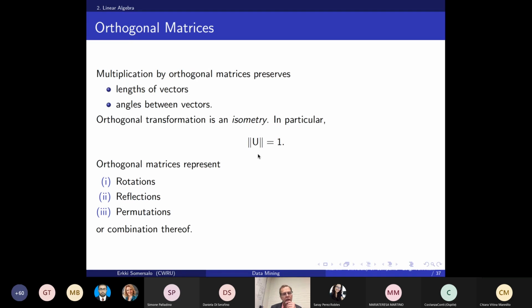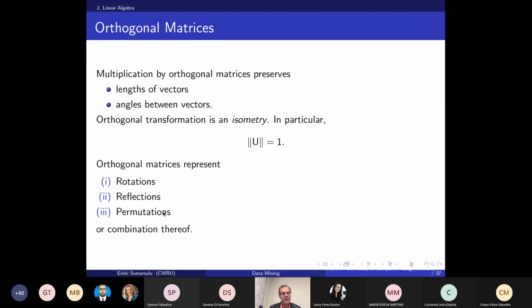And in fact, you can characterize these orthogonal matrices. They are representing the following operations. They are rotations in space. If you are rotating the space, you are not changing the length of the vectors at all. Reflection: take a hyperplane and then reflect the whole space with respect to that. So you're looking in the mirror, basically. And the length of the vector and its mirror image is of course the same.